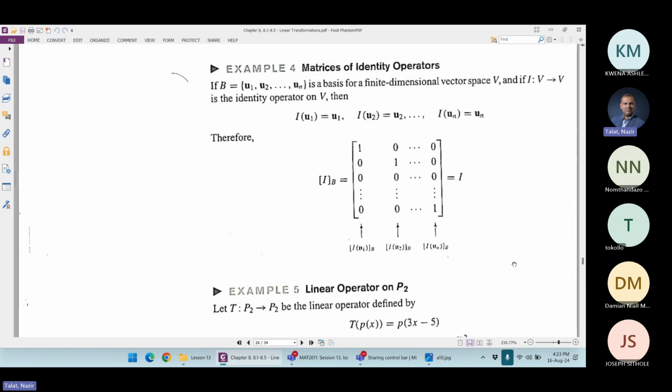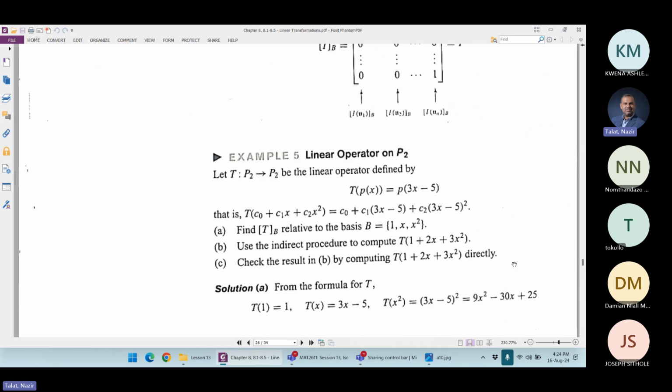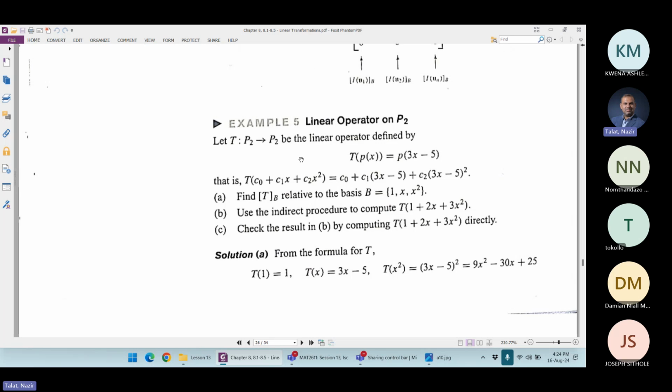And similarly, there are some other results regarding that. If T is a linear transformation from P2 to P2, which is the operator, defined in this way, then find the matrix of T relative to the basis of that one.